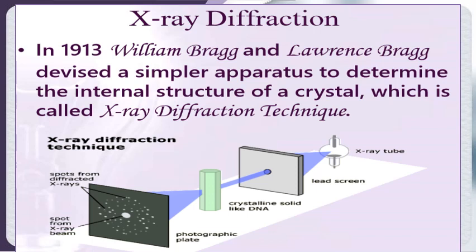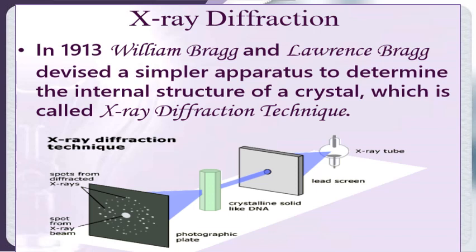In this technique, when X-rays fall upon a crystal, they produce photographic evidence, the diffracted rays coming out to show the pattern of the crystal, and how the planes as well as the particles are arranged in three-dimensional space in the crystal. That is called the X-ray diffraction technique.